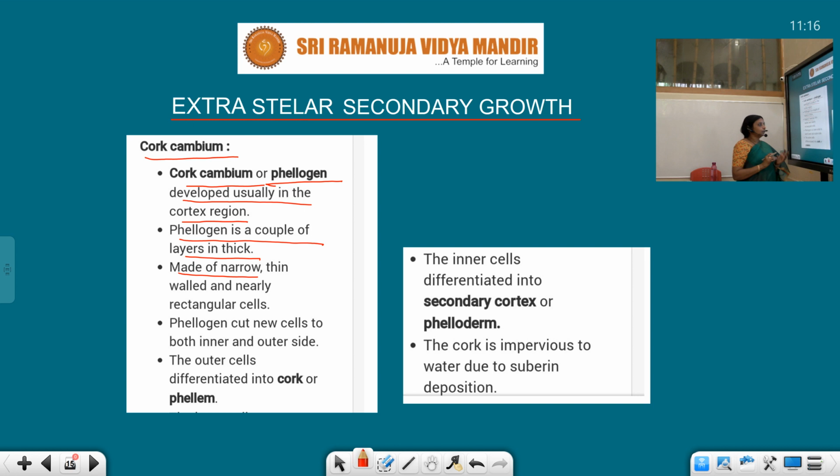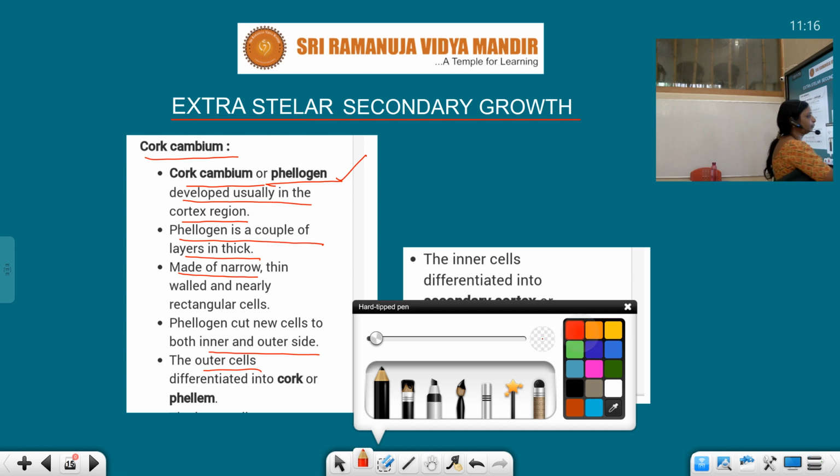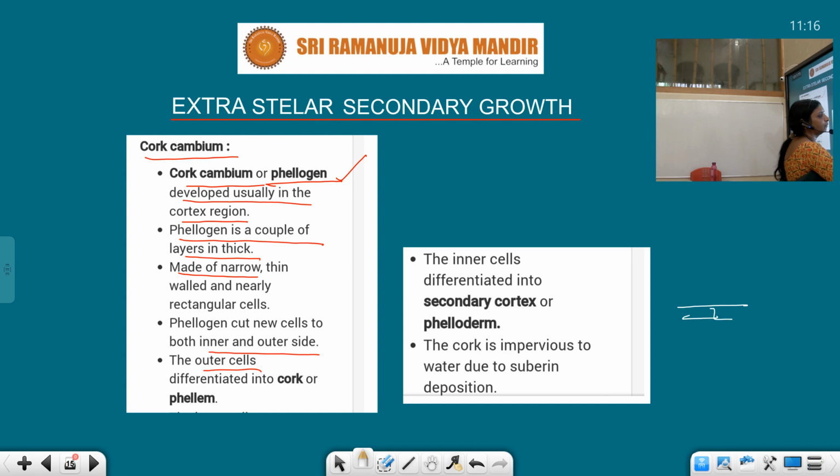This cork cambium again divides, and it cuts new cells to both the inner side and the outer side. So cork cambium, which is known as phellogen, is present at the cortex region because the hypodermal cells form cork cambium. Suppose this is cork cambium, and these cells are rectangular in shape, with 2 to 3 layers, a couple of layers thickness.